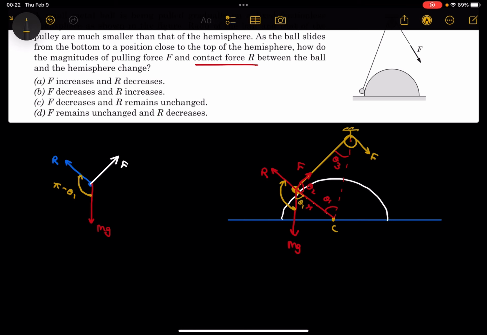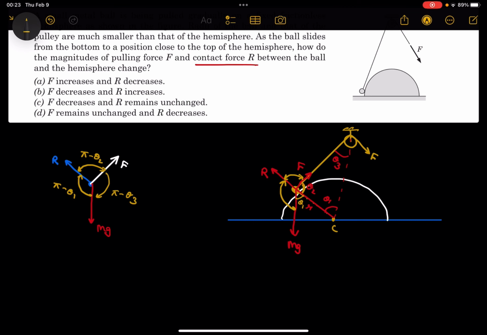Understood? If this angle is theta 2, then the angle between these two is pi minus theta 2. And this angle is theta 3, so the angle between F and mg is pi minus theta 3.